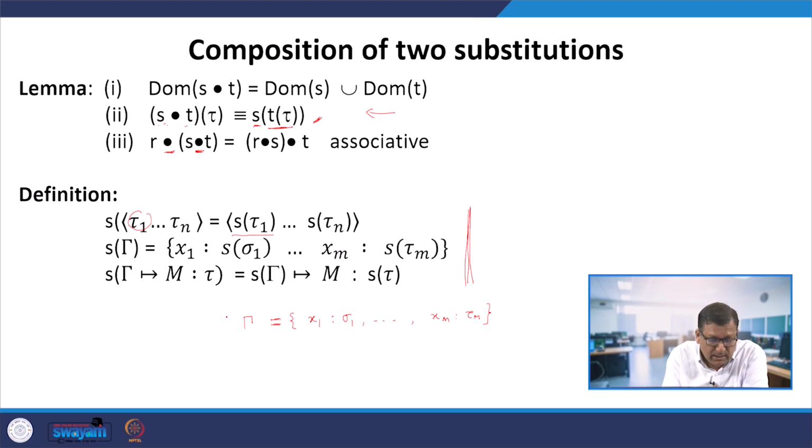Then when we apply S to this, it means these types are going to be substituted. Here it should be either sigma or tau, so we write sigma here.